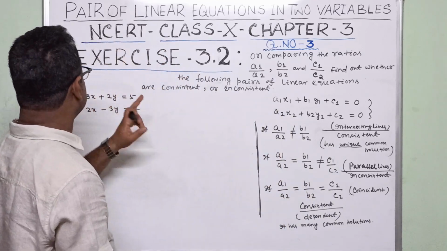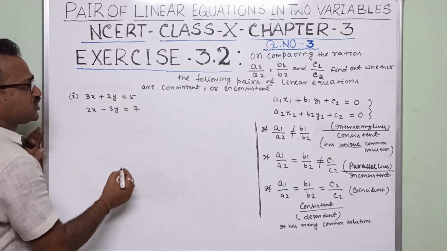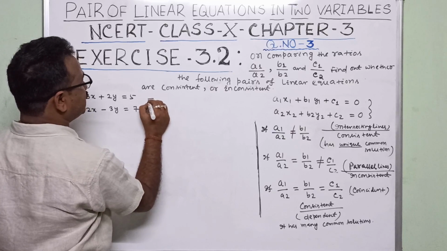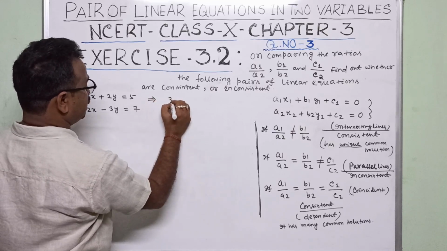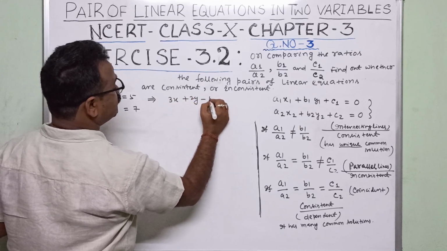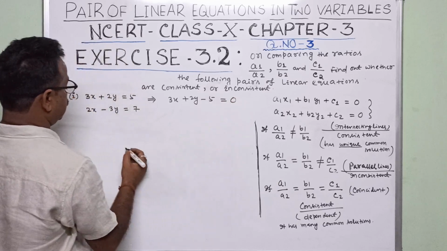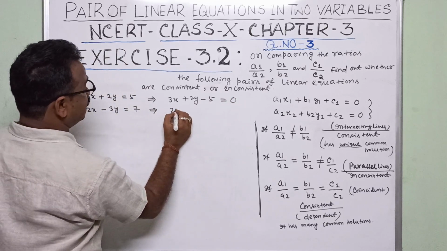Now, move on to part 1: 3x plus 2y is equal to 5. So, I am writing in standard form that implies 3x plus 2y minus 5 is equal to 0. Now, second one, same.